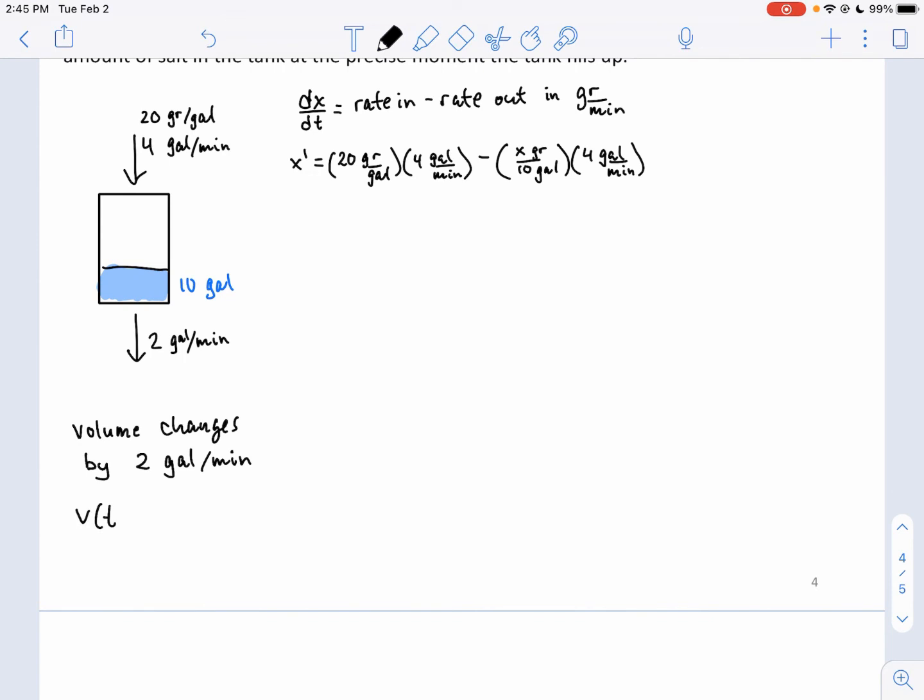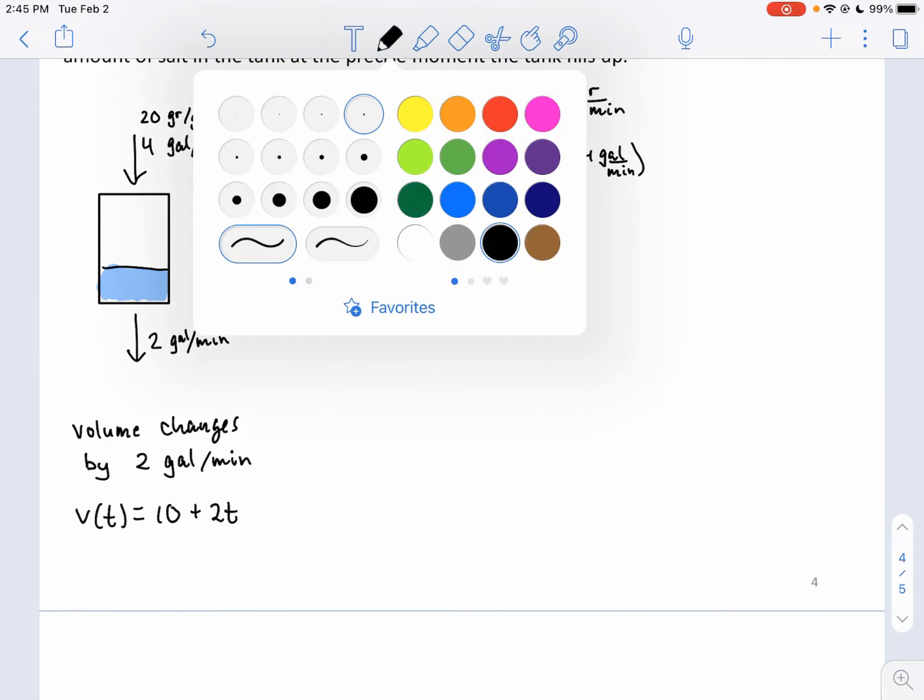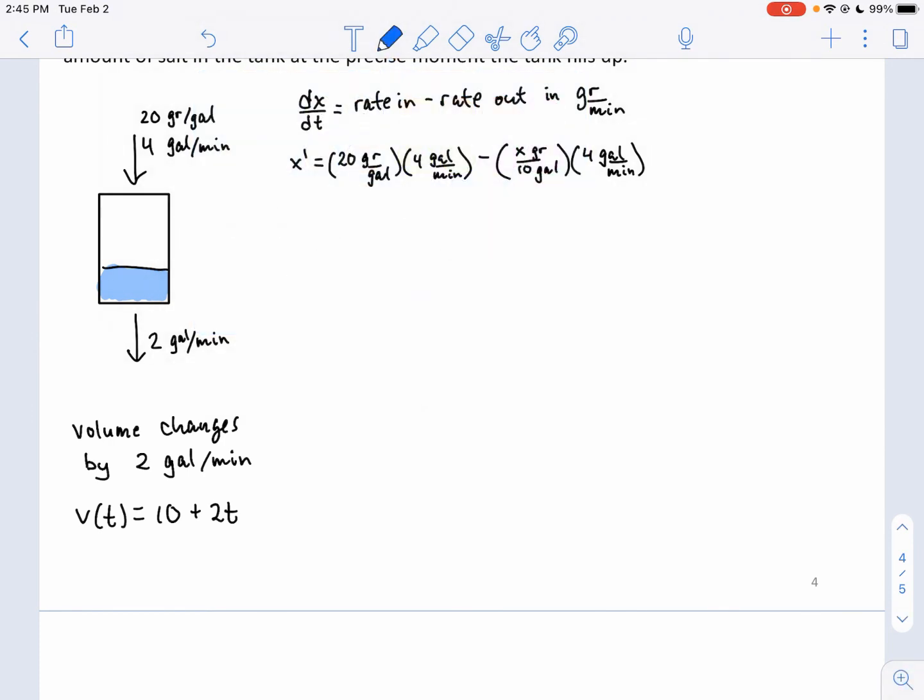So in other words, our volume as a function of time would be 10 gallons is what we started with, plus 2t, where t is measured in minutes. 2 gallons per minute times t minutes will give us the extra gallons. So again, we do not have a constant volume right here. We have a volume that is given by 10 plus 2t.